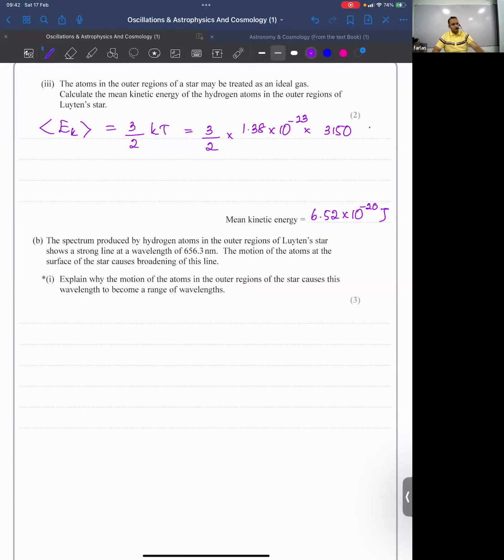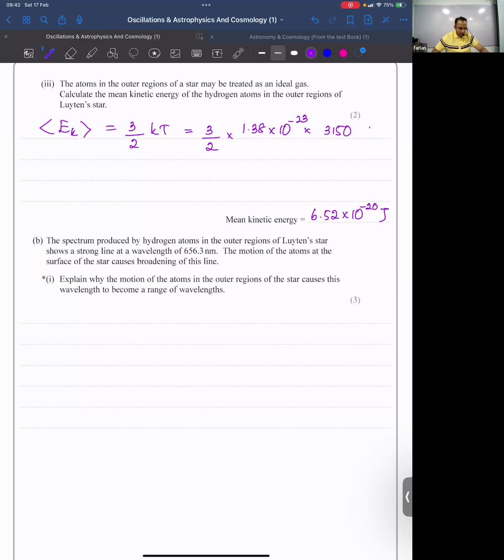So the Doppler effect caused will not be the same. The Doppler effect caused will not be the same. Full stop.